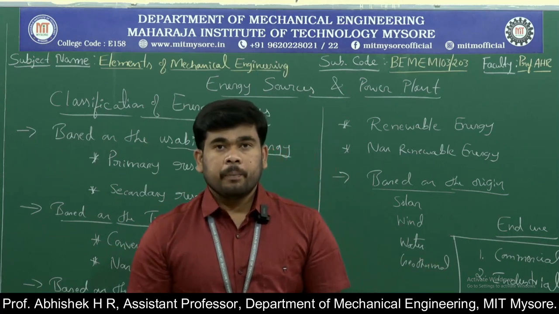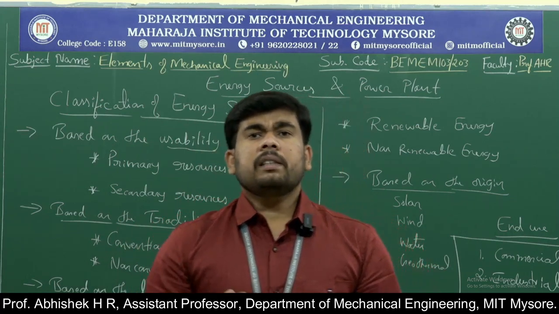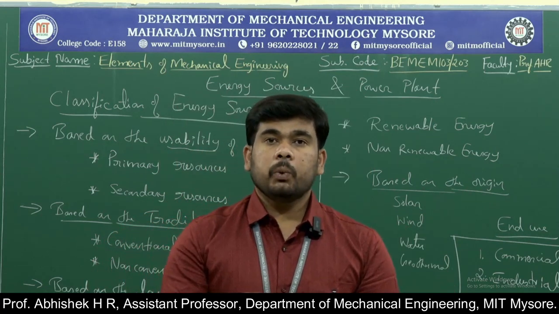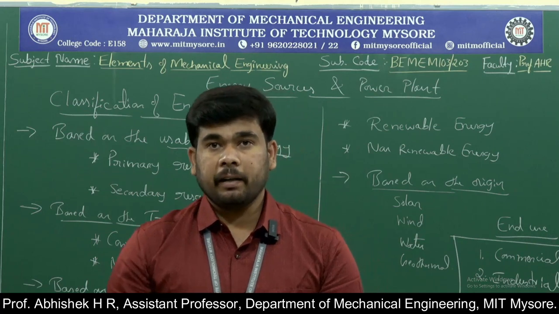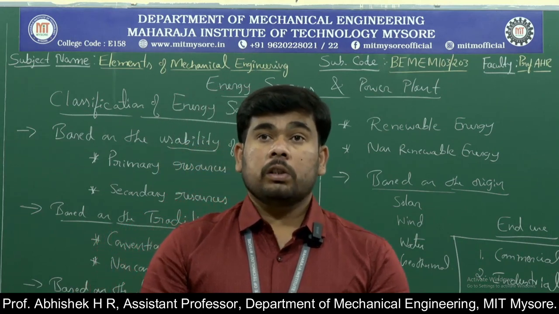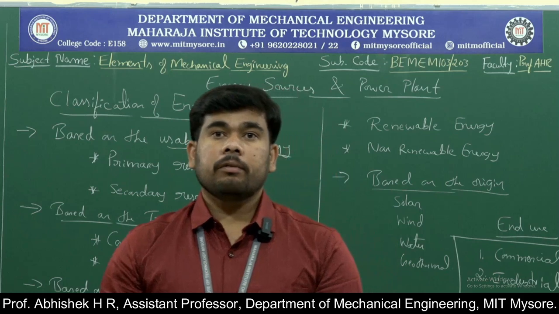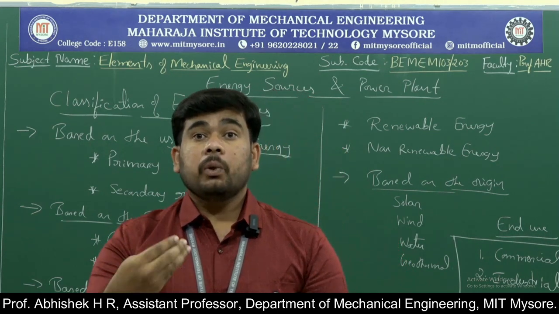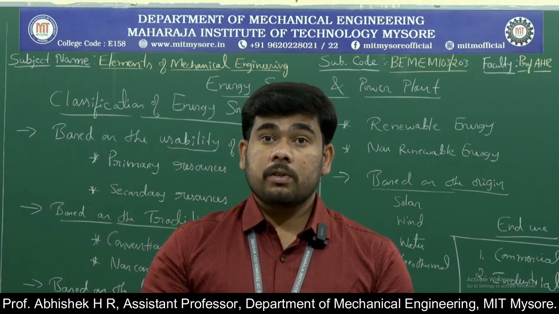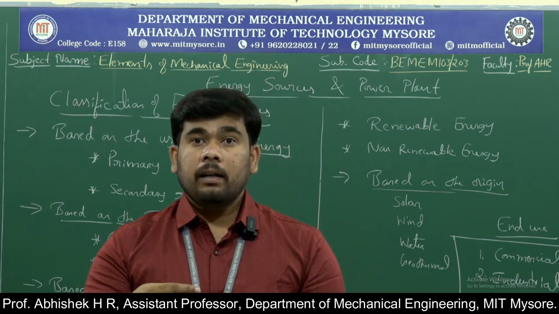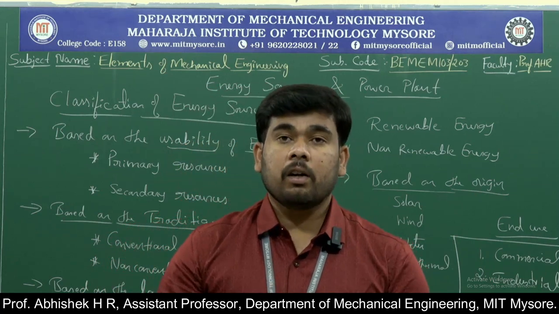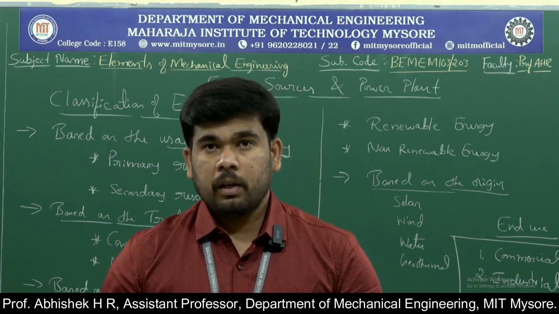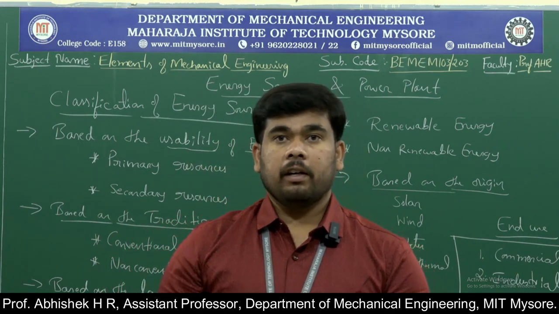Then transportation. One of the best examples, see, in Indian railways, previously they were using diesel as a fuel to run the train, but nowadays almost 70 to 80% of the trains have been switched over to electric trains. I mean, they are using electricity to run the train instead of diesel. And in the automobile sector also, we are all shifting to electric based vehicles, like 2-wheelers and even 4-wheelers.